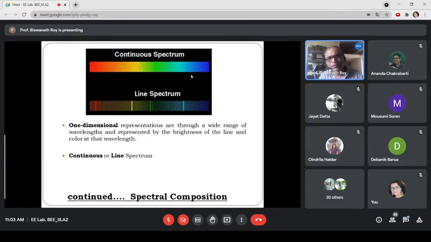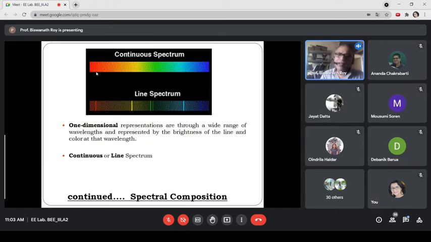This much we can do because it is a continuous spectrum and complete overlapping is there. For example, if we want to identify red, then one limit is here and another limit is here. It varies from person to person, so it is not possible to measure perfectly the wavelength range in case of a continuous spectrum.